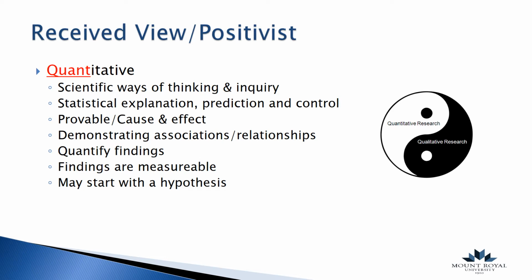So sometimes we're testing and looking for cause and effect, but sometimes we're just looking for associations or relationships. So when A happens, is it possible that B happens? Not cause and effect, but when A happens, we see more of B happening. So an example of this, I'm going to give you a child health example.